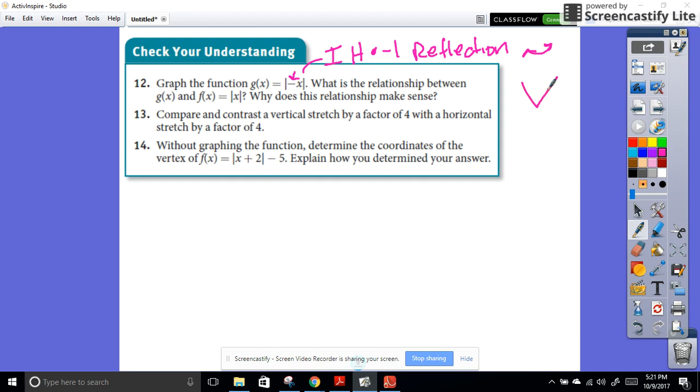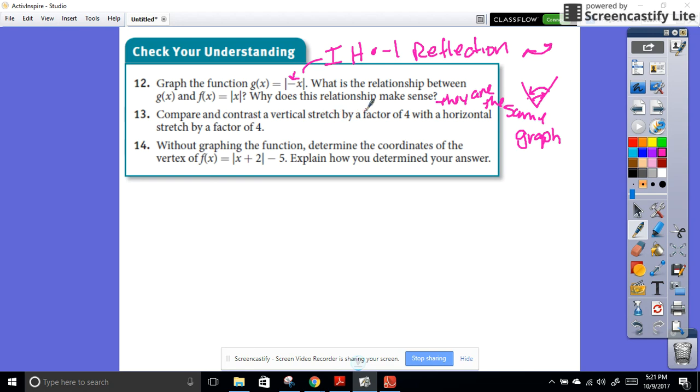So if my graph looks like this, this piece graphs over there, and we can see no difference. What is the relationship between them? They are the same graph, because the right branch graphed on top of the left branch, and the left branch graphed on top of the right branch, so you can't tell a difference.